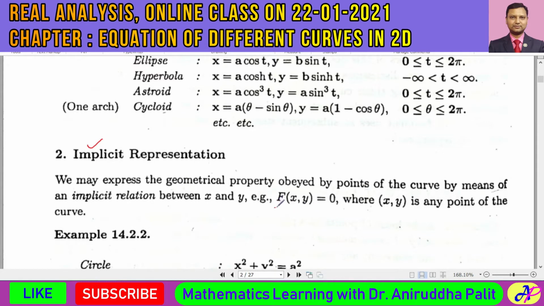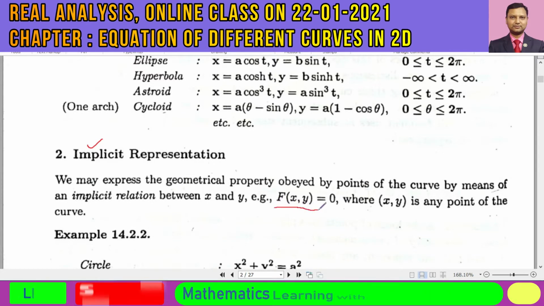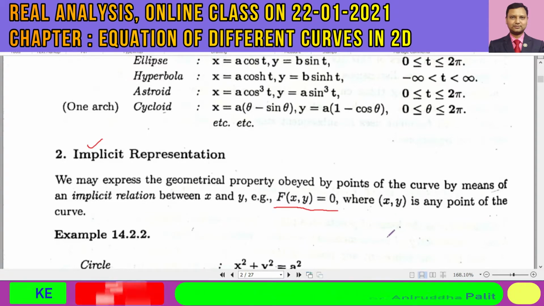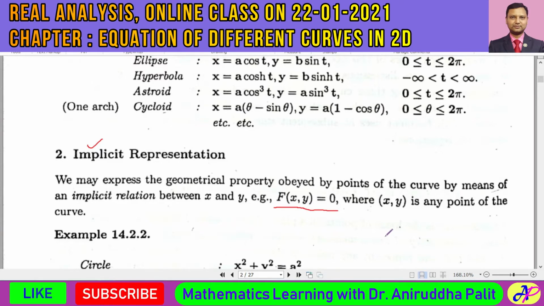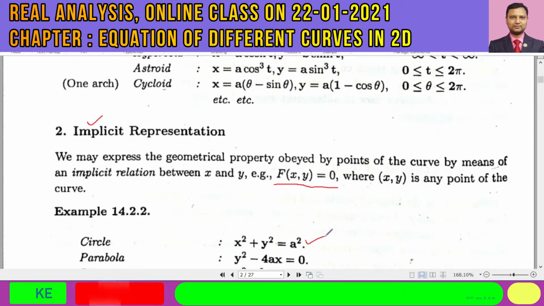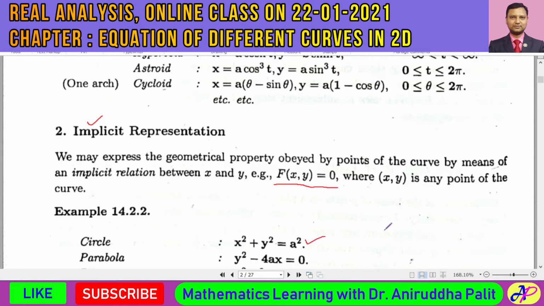What is this implicit representation? If the equation of a certain curve is given by this kind of equation, then this kind of representation is called the implicit representation of a curve. For example, consider this equation of a circle: x square plus y square is equal to a square.